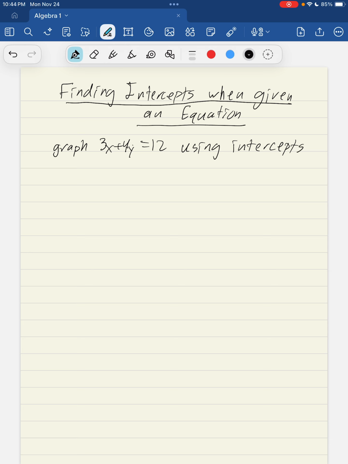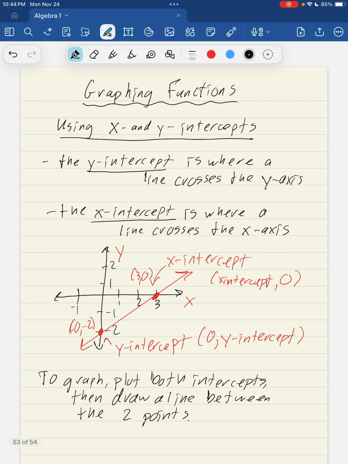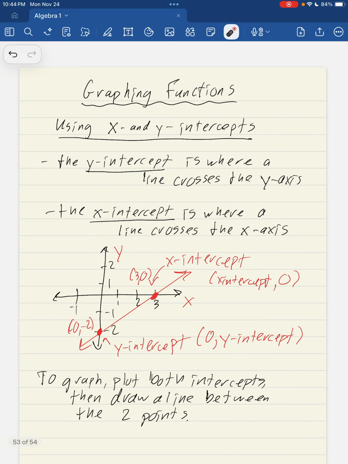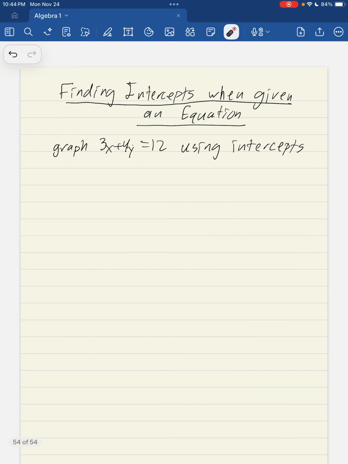We'd use the idea from before: when we have a 0 for x, whatever the y value is, that's the y-intercept. And when you put a 0 in for y, whatever you get is the x-intercept. To graph this, you need to find the x and y-intercepts, put dots on them, and then draw a straight line.